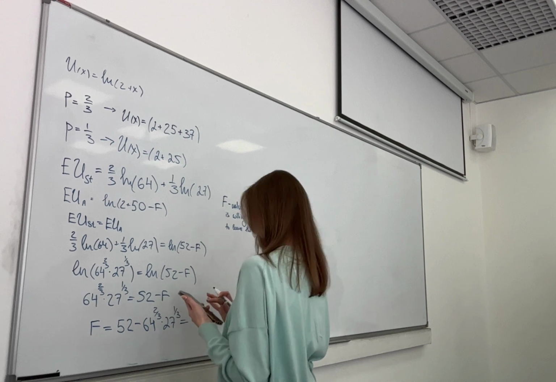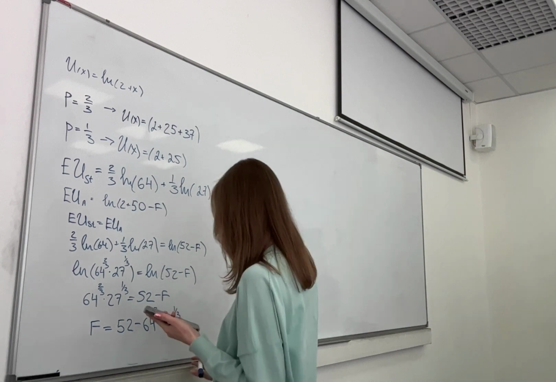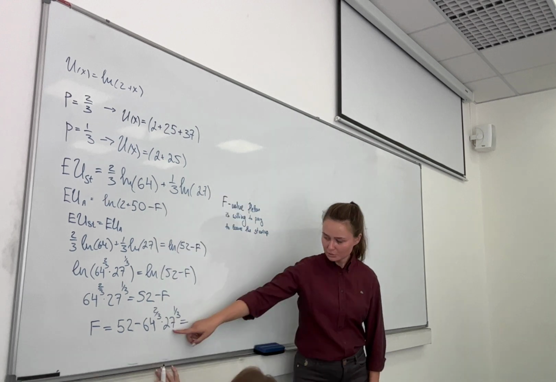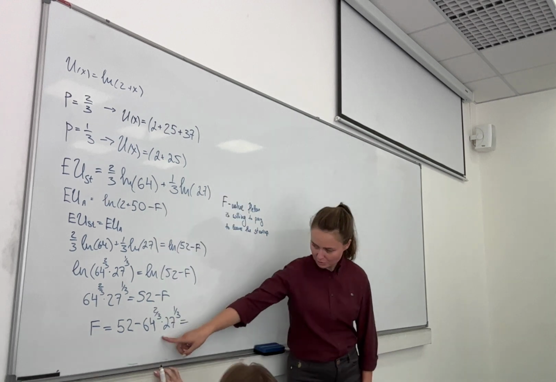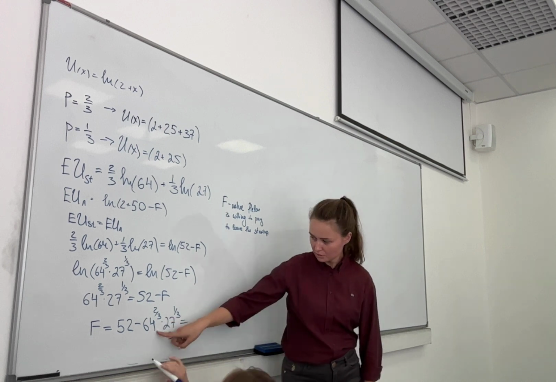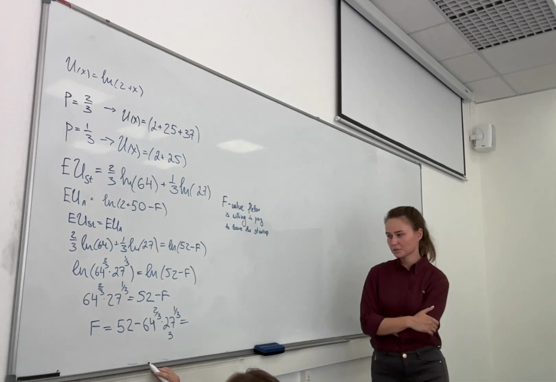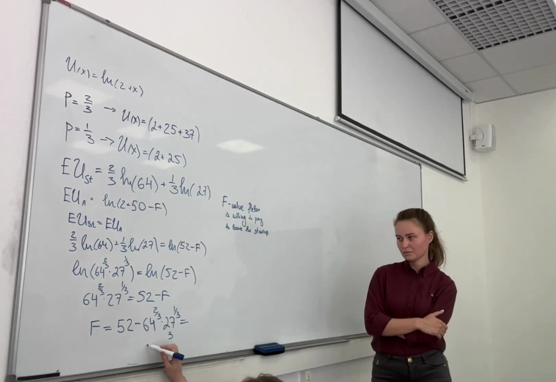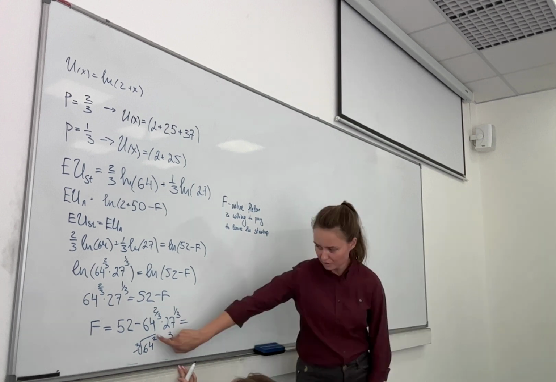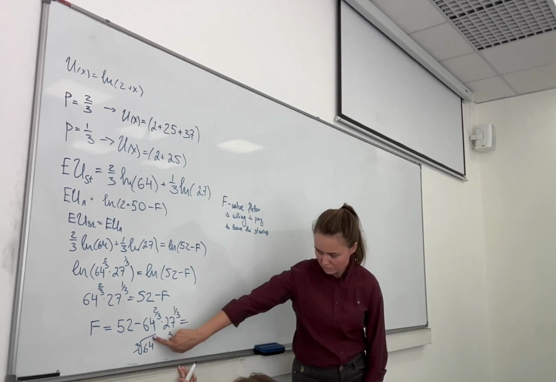Okay, this is not square root but power 3 out of 27. 3, yes. Then the square root out of 64. Easy. What should we multiply three times? 4. 4 squared.